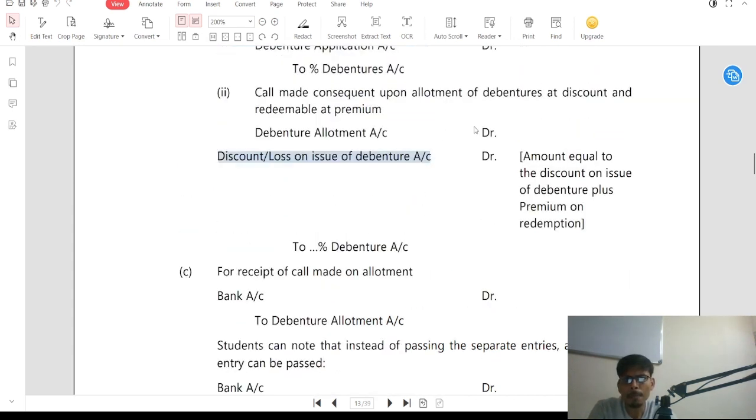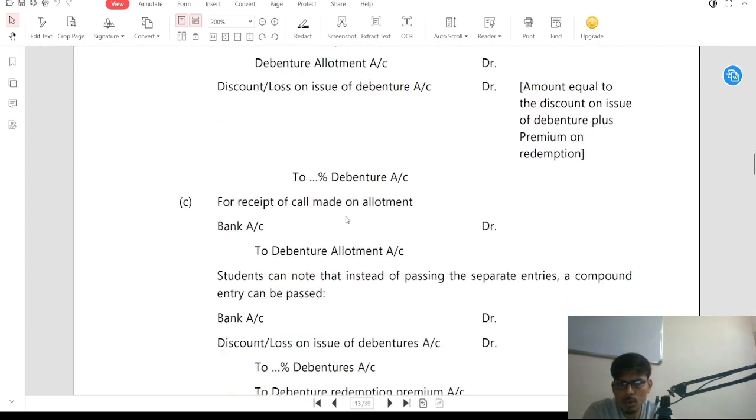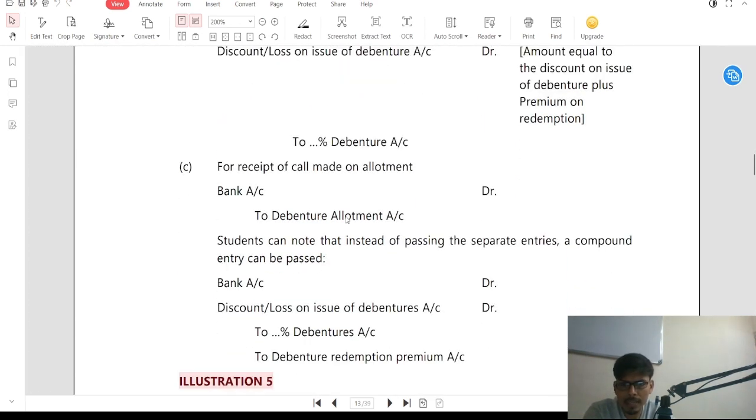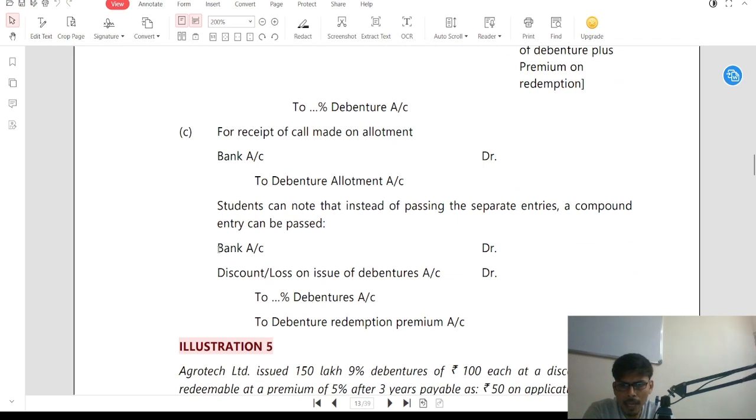Or you can do one thing, make a simple journal entry. See here, it is given: call made consequent upon allotment of debenture at discount and redeemable at premium. Or we can do a compound journal entry: bank account debit, discount or loss on issue of debenture debit, to debenture, to debenture redemption. It's a very easy entry. I think we should follow this one only.